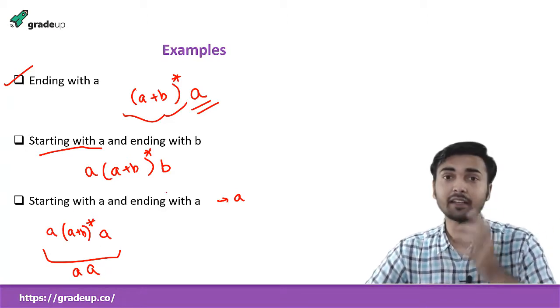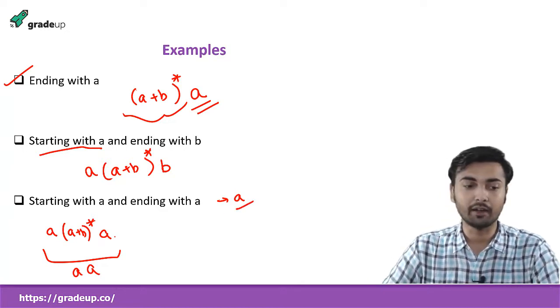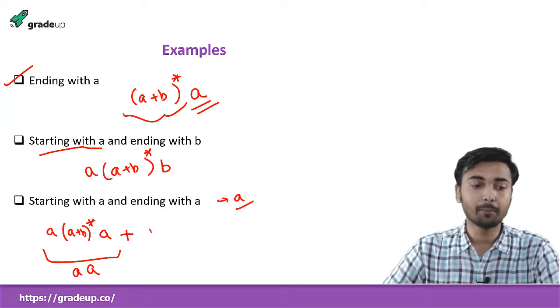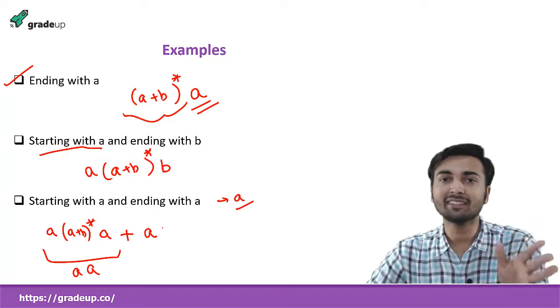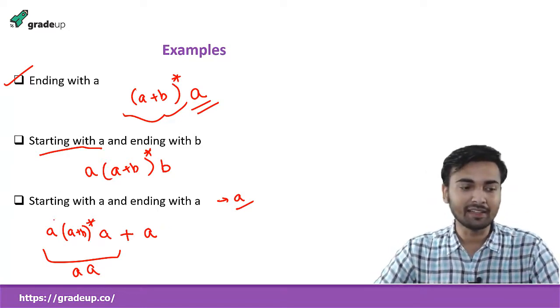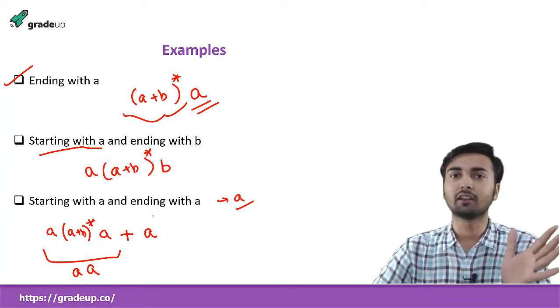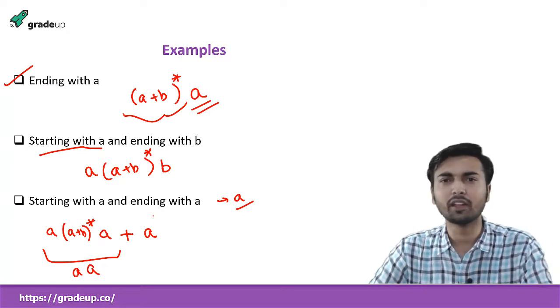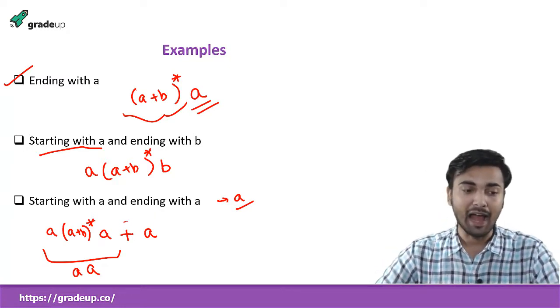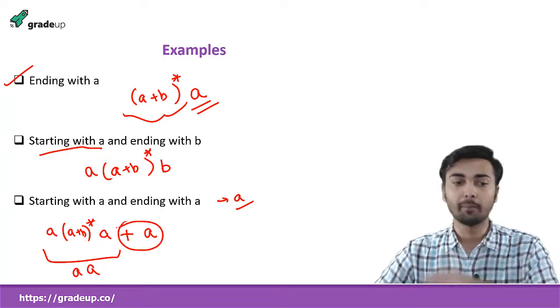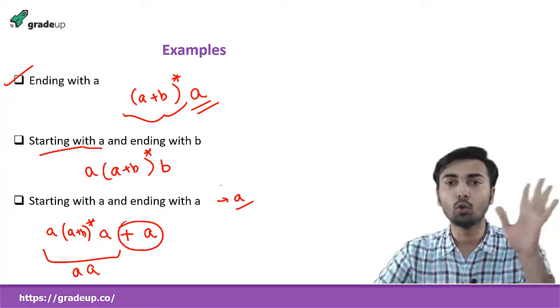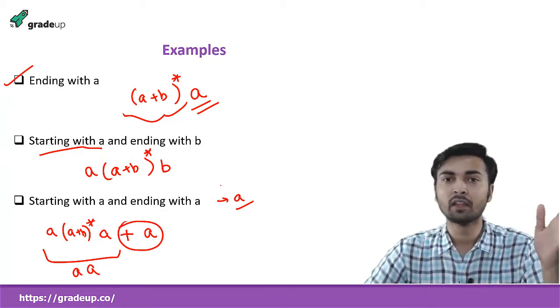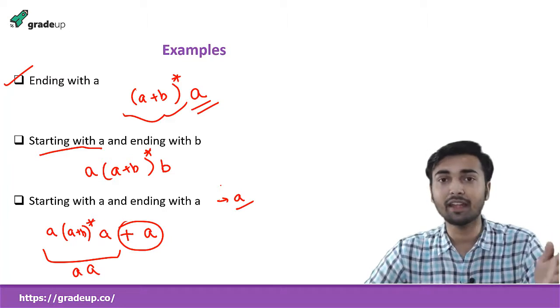So that's why it is incomplete, because A will also be accepted. So do like this. Plus A. Plus means either you can take this one or you can take this one, as you take union, nothing else. That's why you have to add plus A also, because this will also be accepted. So don't make a mistake, don't do it blindly. Right? This is the logic why A is required.